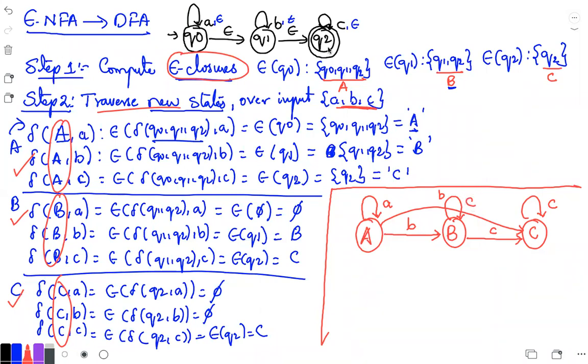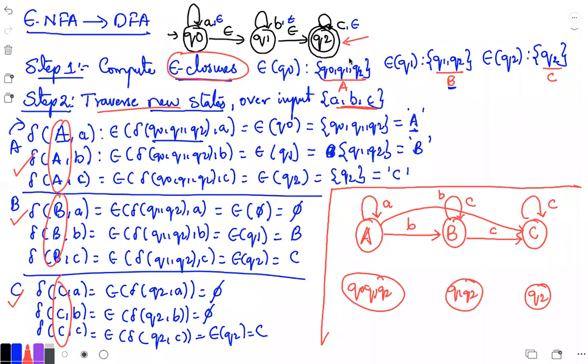In the original NFA, what is the final state? Q2. So in the original NFA, Q2 is the final state. Even though we are calling them A, B, C, the actual representation is that A is Q0, Q1, Q2, B is Q1, Q2, and C is Q2.